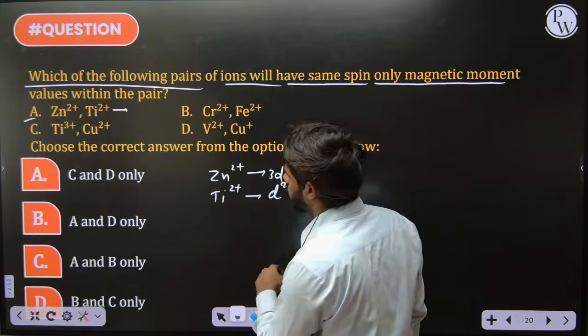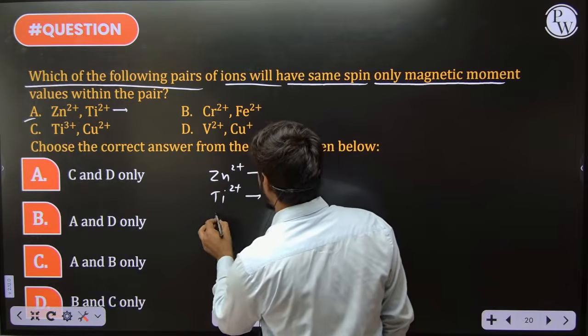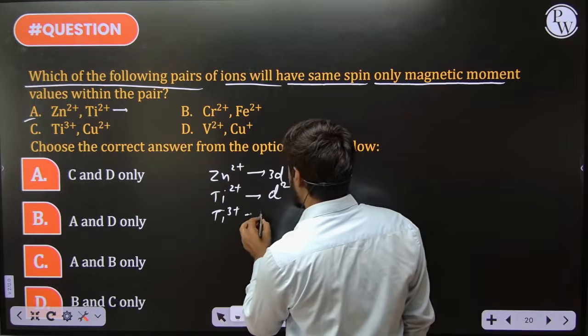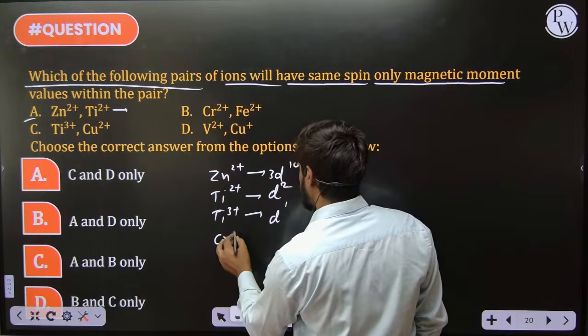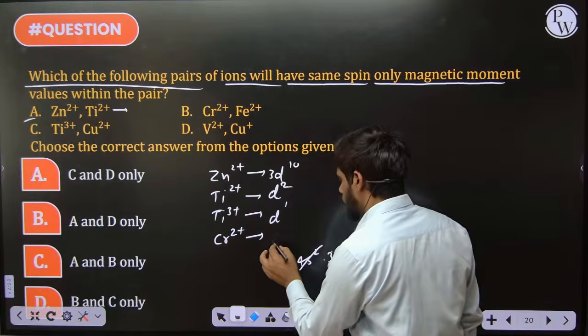Next, the ions we have are titanium 3+, which is d1. Chromium 2+ is given; in the case of chromium, this is 3d4.